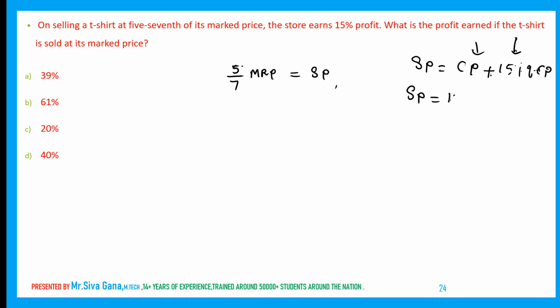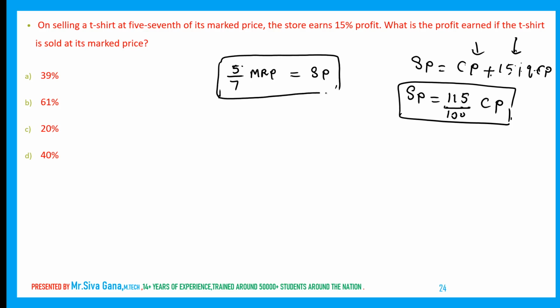So the selling price is 115 divided by 100 times the cost price. This is also the selling price of the same shirt in two different ways: one in terms of MRP, one in terms of CP.